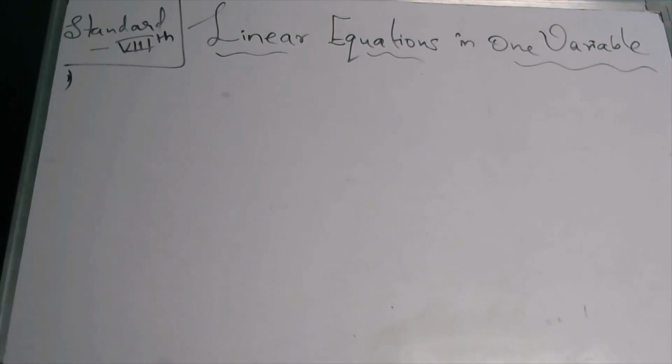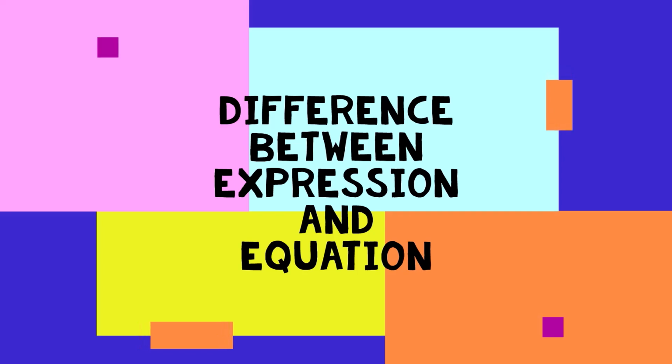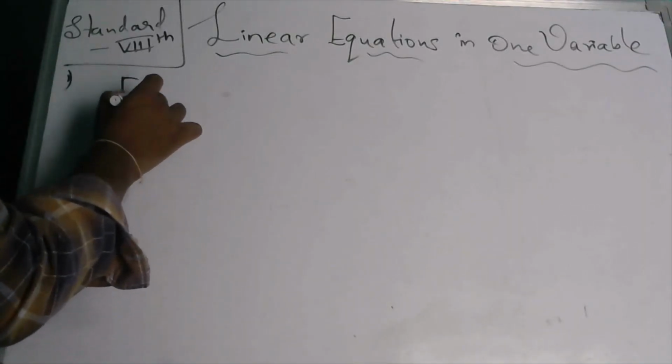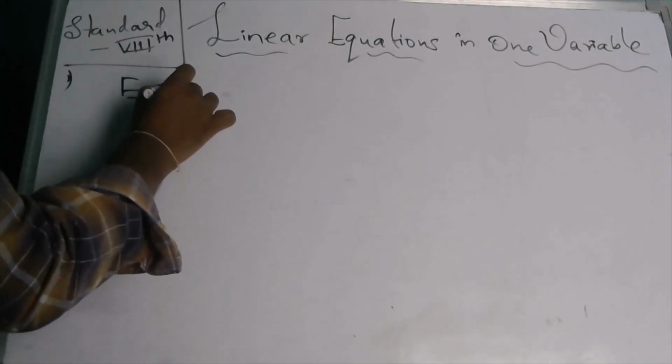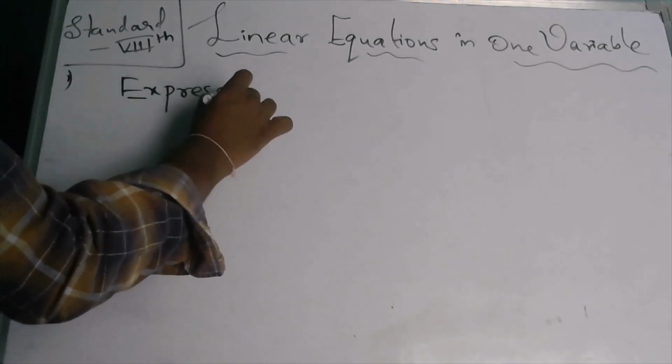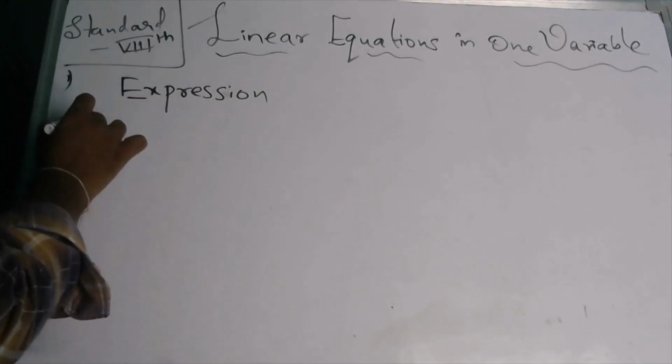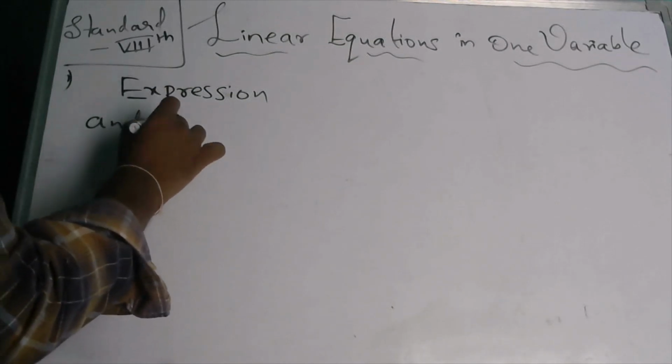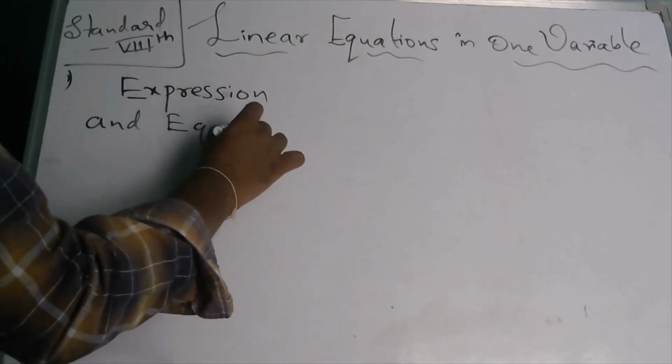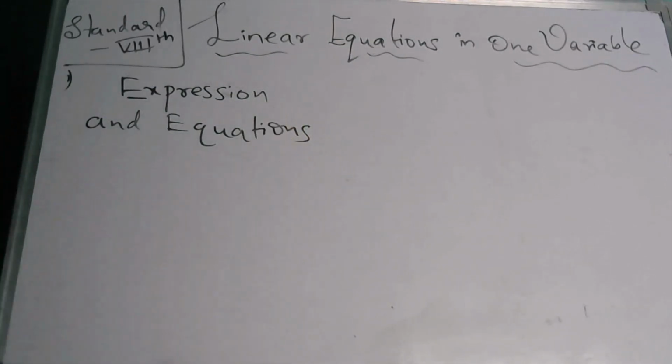Now I am going to teach 8th standard linear equation in one variable. You know about expression and equation. These two terms are involved in this. But what is the difference between expression and equation?